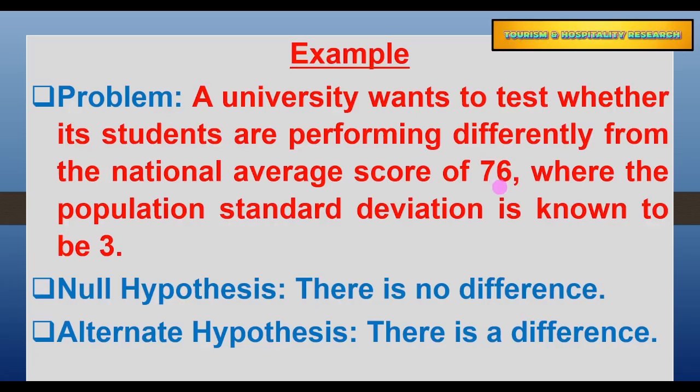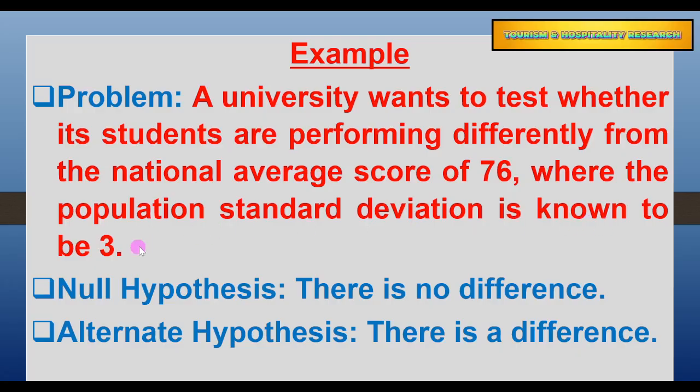We are not just talking about higher and lower here, but we are also talking about being significantly higher or significantly lower. So that is why we are doing a Z test to statistically assess whether the mean score of the sample is different from the mean score of the population, especially in the case when the population standard deviation is also known to us.